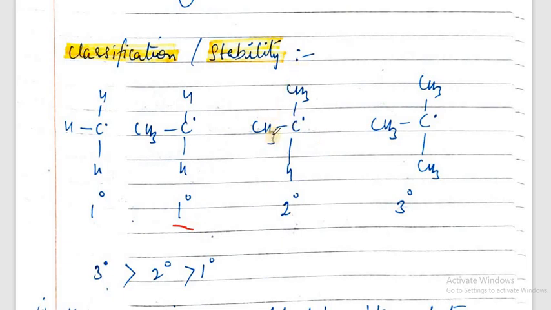If it is attached to two other carbon atoms, then it is a secondary free radical. If this carbon carrying the odd electron is attached to three other carbon atoms, then it is a tertiary free radical. Out of these, we know that tertiary free radicals are more stable than secondary, than primary, and this can be explained on the basis of various factors.